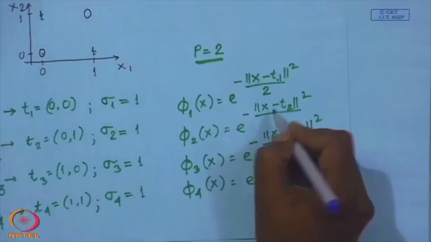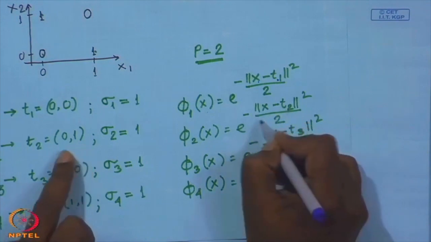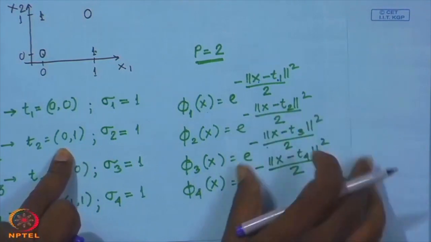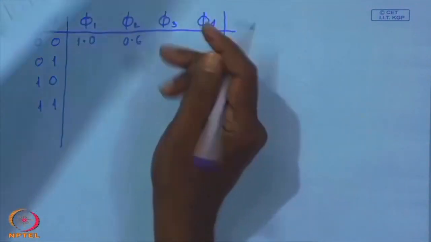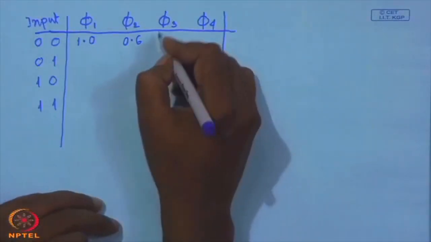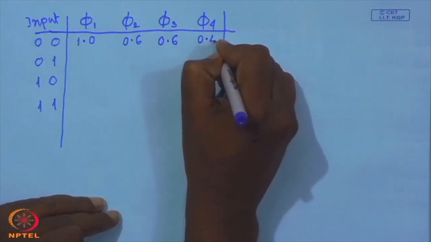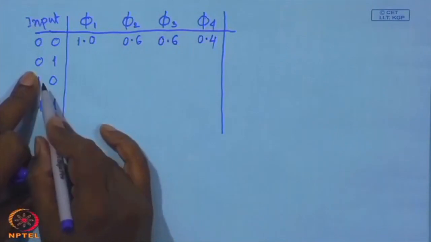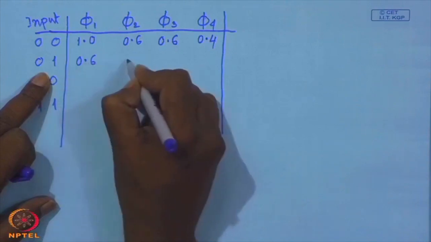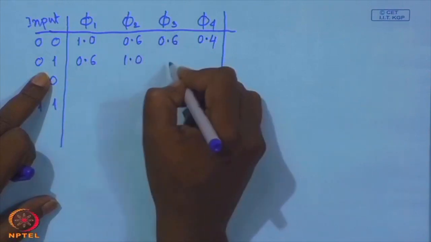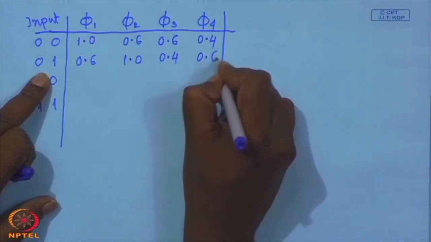Similarly, for phi 2, my x is 0 0, where t 2 is 0 1. So, if I compute this phi 2 x, you will find that this phi 2 x will be equal to 0.6. Similarly, I will just put the values over here, phi 3 x will also be 0.6 and phi 4 x will be 0.4. When the input vector is 0 1, phi 1 x will be 0.6, phi 2 x will be 1.0, phi 3 x will be 0.4, phi 4 x will be 0.6.